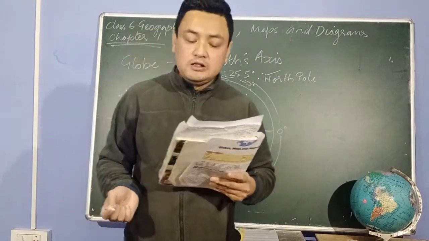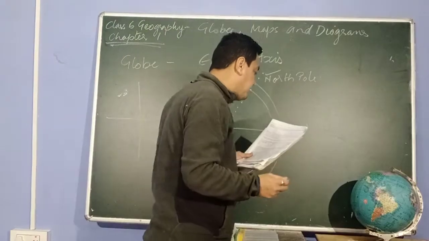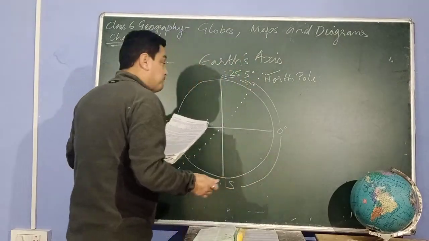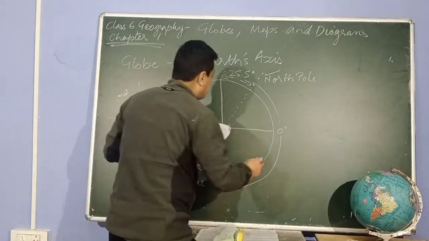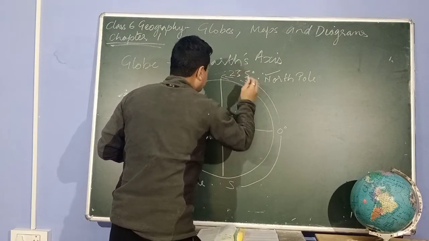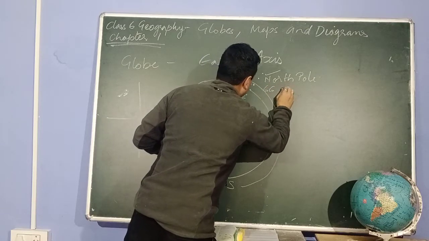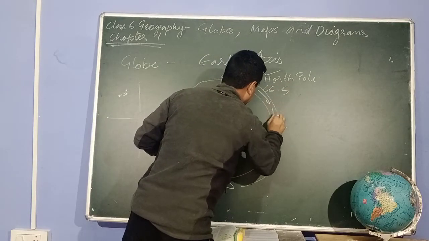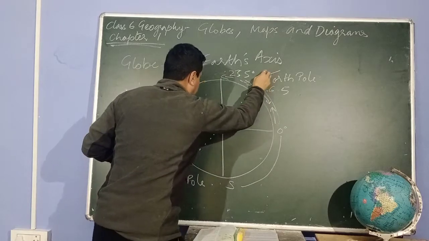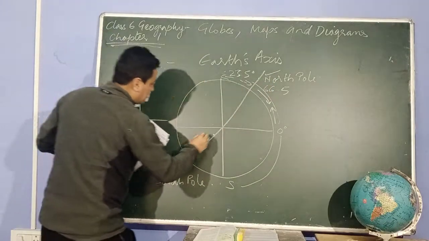It makes an angle of 66.5 degree with the plane of its orbit, not 25, 23.5. So here you find 66.5. Here you find the axis of the Earth.